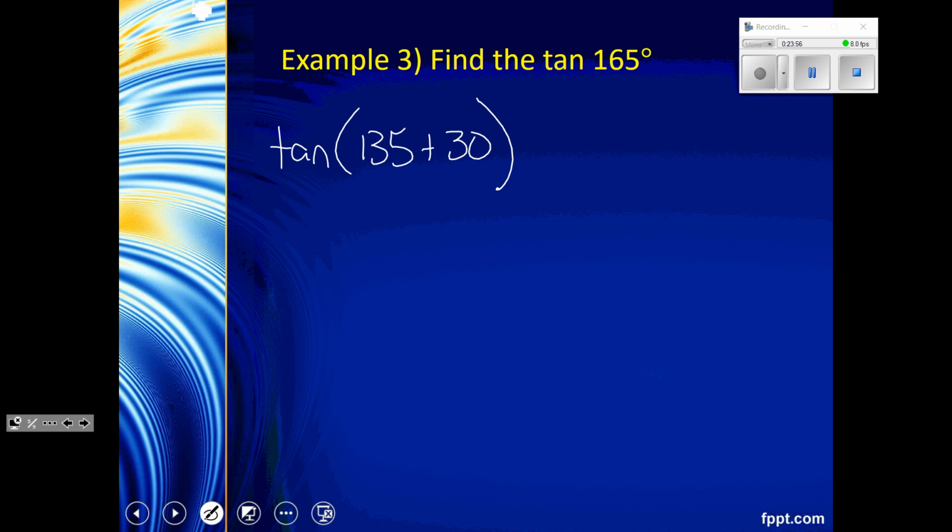We're going to look at tangent of 135 plus the tangent of 30. Okay? So if I look at 135 and I divide square root of 2 over 2 divided by negative square root of 2 over 2, what are you going to get? Negative 1. Okay? So this should be the tangent of 135 plus the tangent of 30.